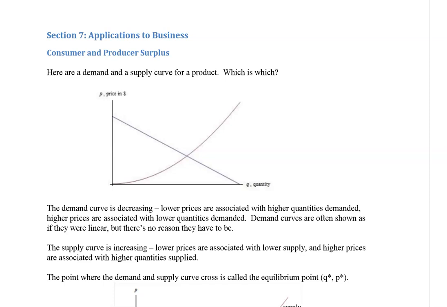The point where the demand and the supply curve cross is called your point of equilibrium. So here we have our demand curve, and here we have our supply curve, and right at this point where they cross, that's our equilibrium point.